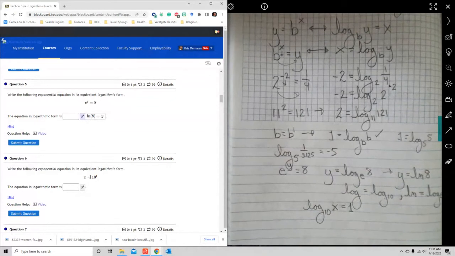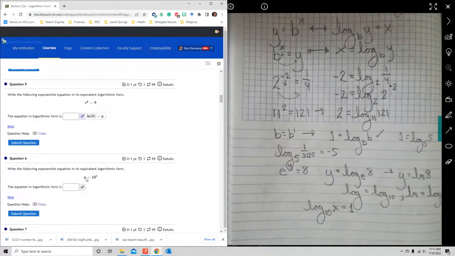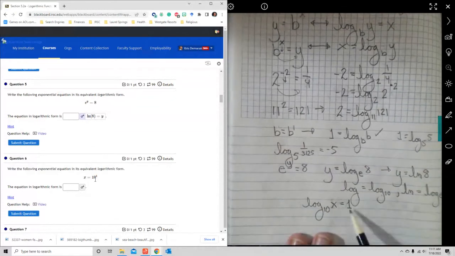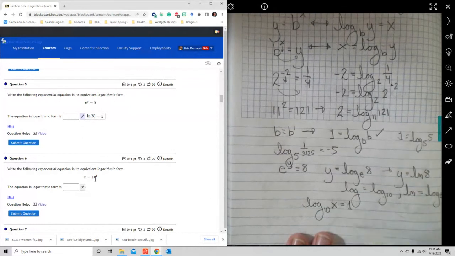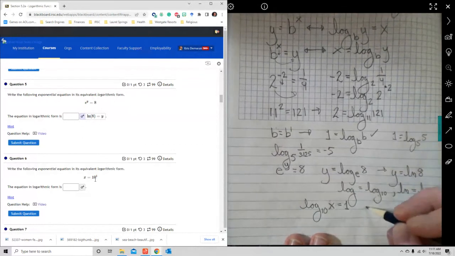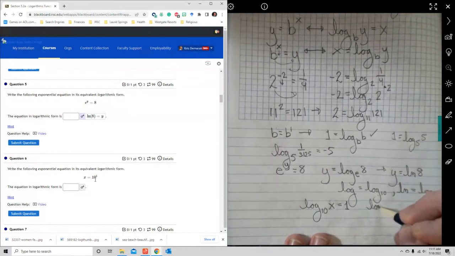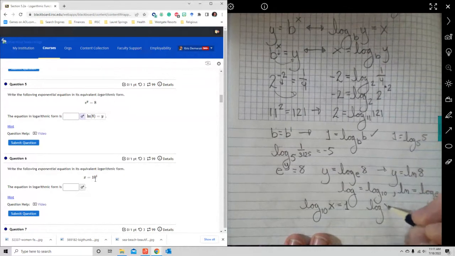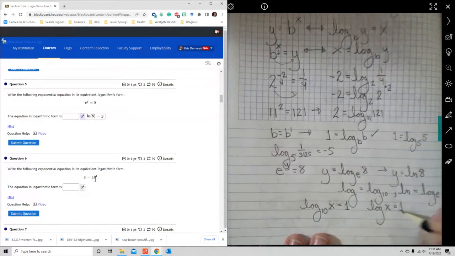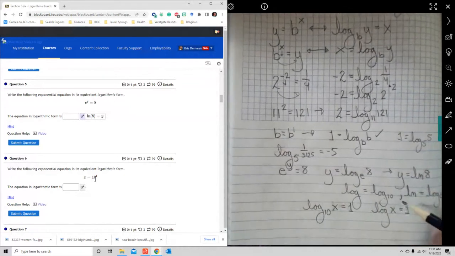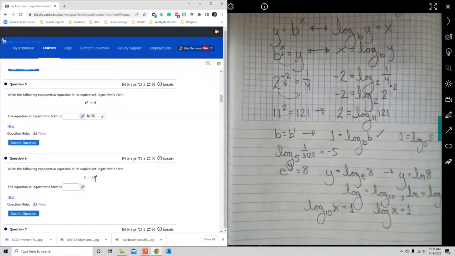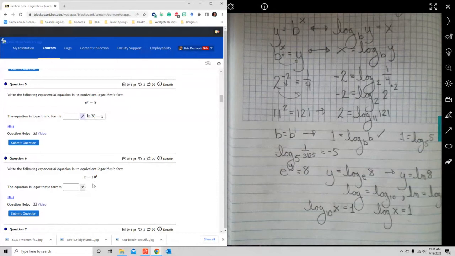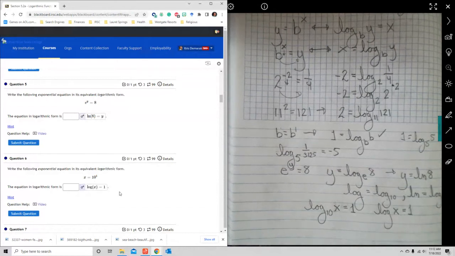So the 10 becomes the base of the log, and then you put it right next to the x. Now, it's understood to be this. And when we say it's 1, it's not so much a property, but the way that we write it.